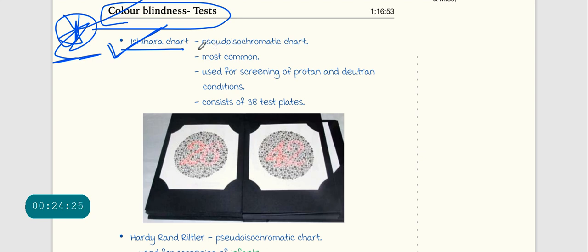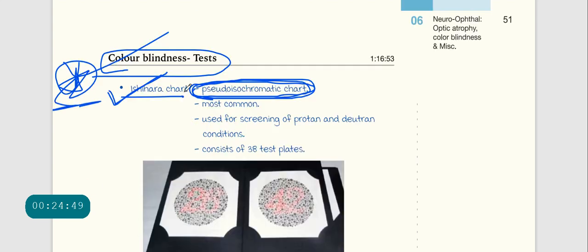It is a pseudoisochromatic chart type. Another one we'll talk about, Hardy Rand Rittler, is also a pseudoisochromatic chart. Ishihara is the most common one. Remember this: on the Ishihara chart there are numbers, not alphabets.